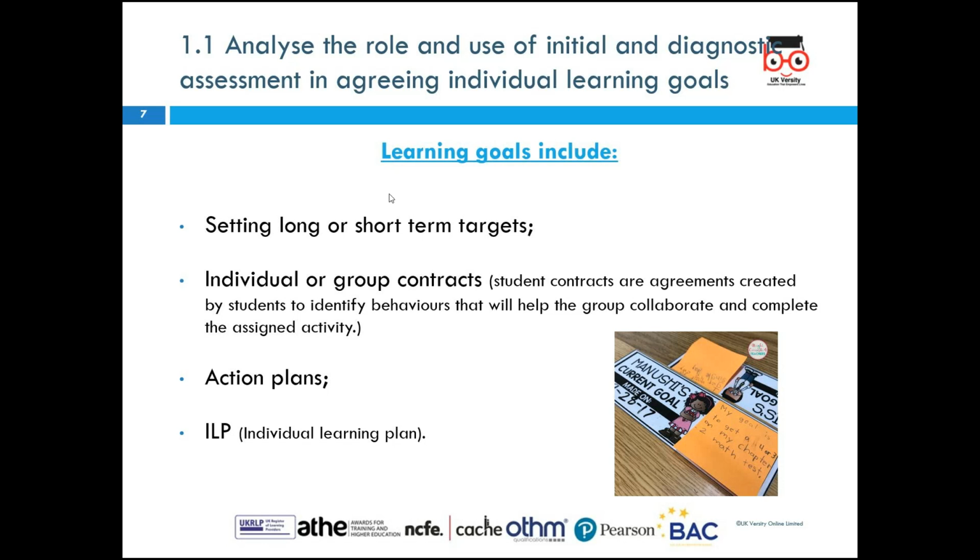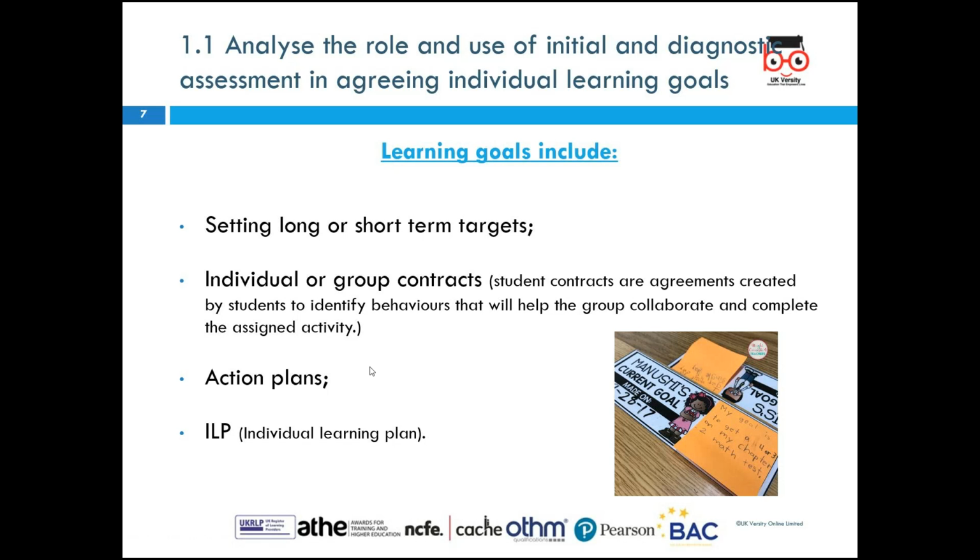These learning goals can also include setting long or short-term targets. So, with comprehension, I will be able to explain what happens in the story, or I will be able to use full stops and capital letters when doing spelling and grammar. They can also have something called individual or group contracts.